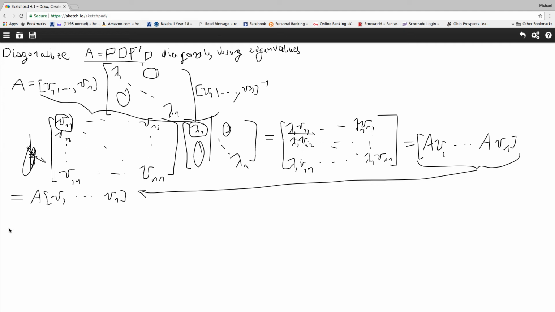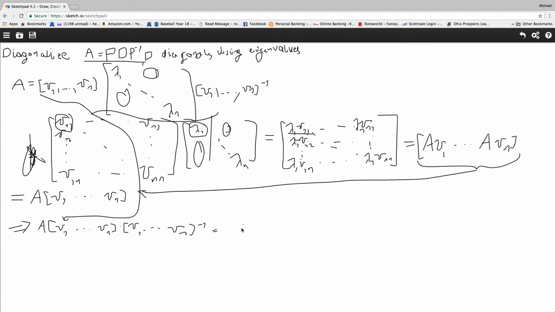Then we get A times all of these things, because we substituted it in, times the matrix of all those things inverse.